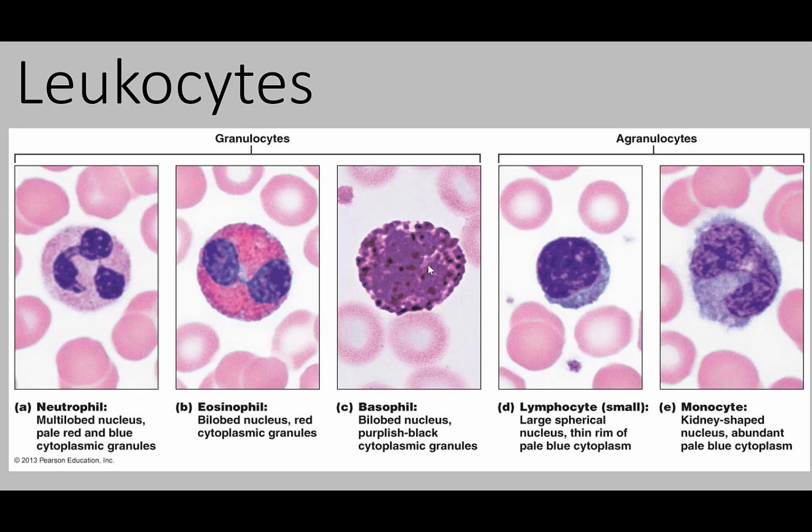There is a nucleus present, and it's 2 or 3 lobes, usually 2 lobes like we have over here with the eosinophil. If you look really hard, you can see that nucleus in here. Usually in a microscope, you cannot. So it looks like it has no nucleus, or it looks like the nucleus is taking up the entire cell. That's not what's actually happening.